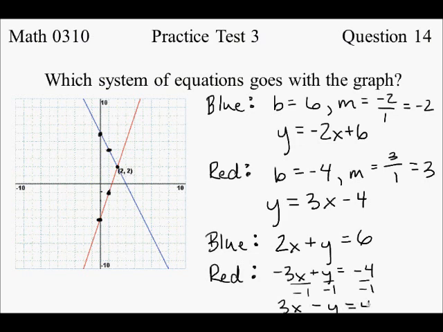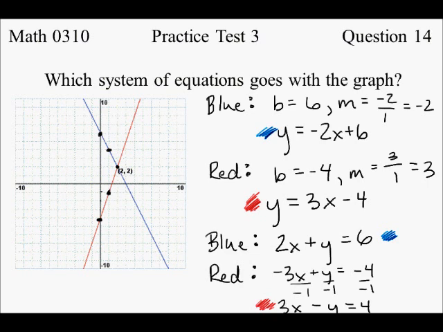Okay, so our blue equation either has to be y equals negative 2x plus 6 or 2x plus y equals 6. And our red equation either has to be y equals 3x minus 4 or 3x minus y equals 4.